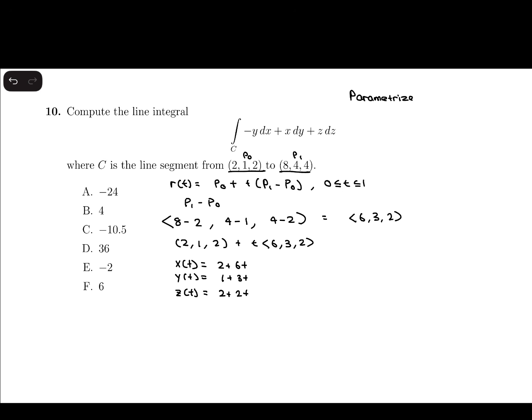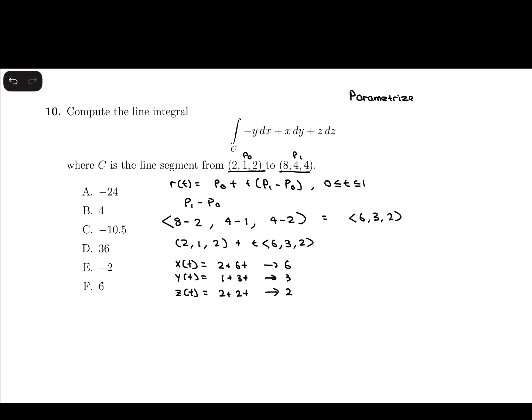Then the next step for plugging this in is we need to find the differentials, which sounds weird, but it's actually just taking the derivative of each of these components with respect to t. So for this one, you'll just get 6. For this one is 3. This one would just be 2.